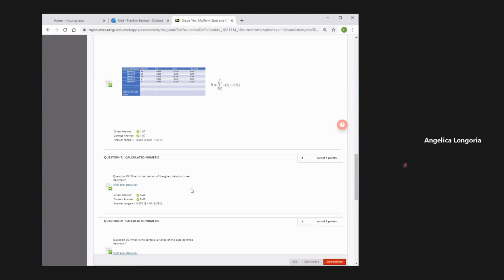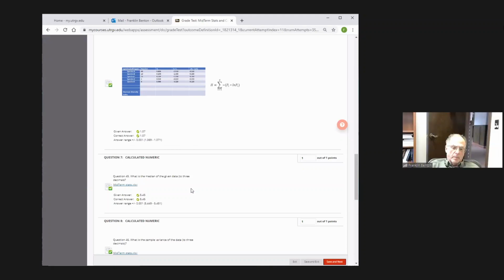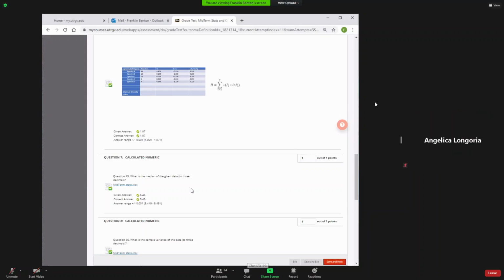DM. Okay, anybody else? Angelica, when you come to lab on Tuesday, we'll together go through your test. We'll look at it and go through it. Thank you, sir. No problem.